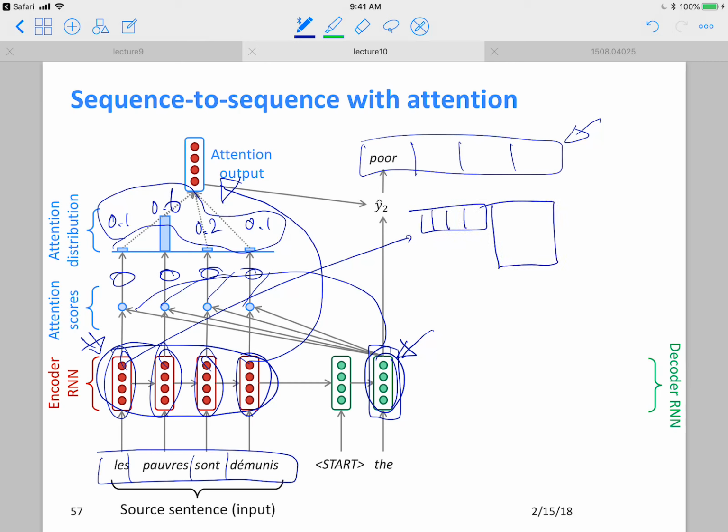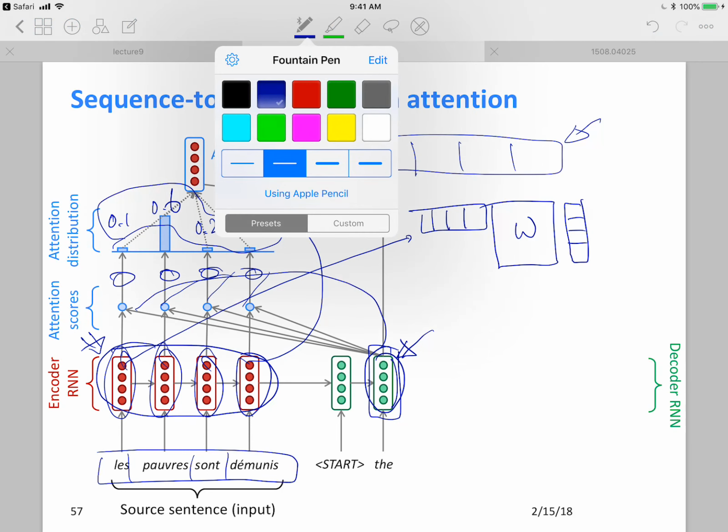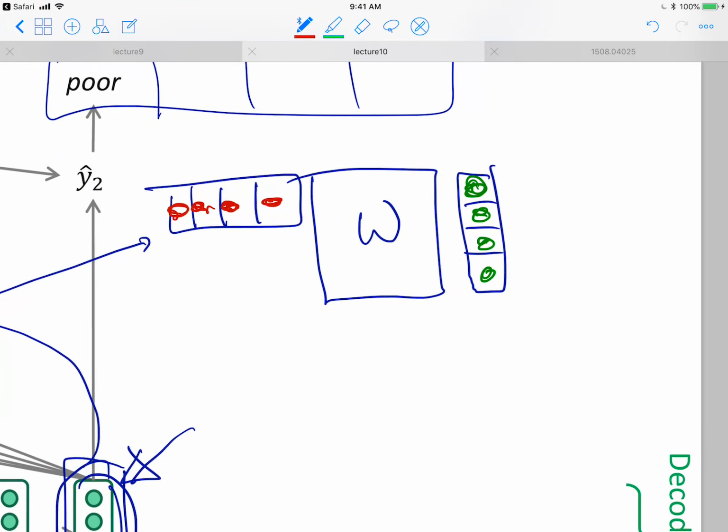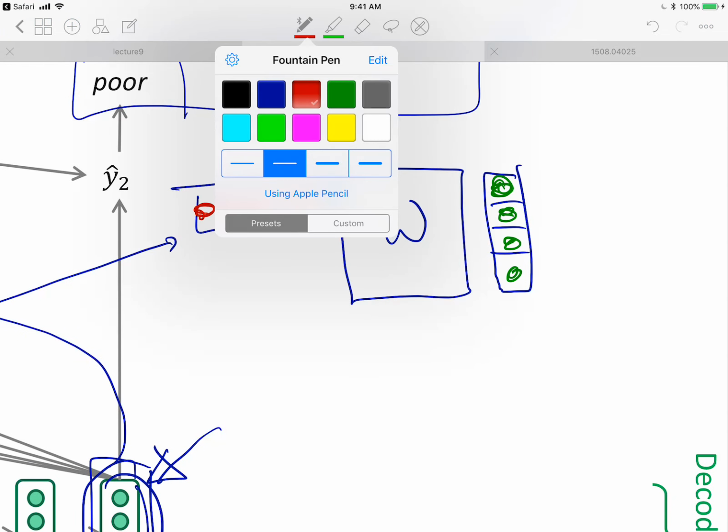And then we have the matrix W here. Let me just match the color. In this case it's called a bilinear model.